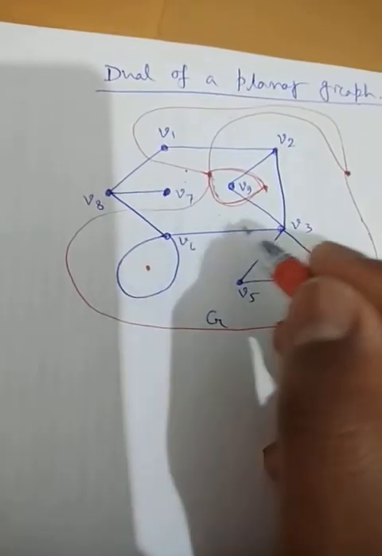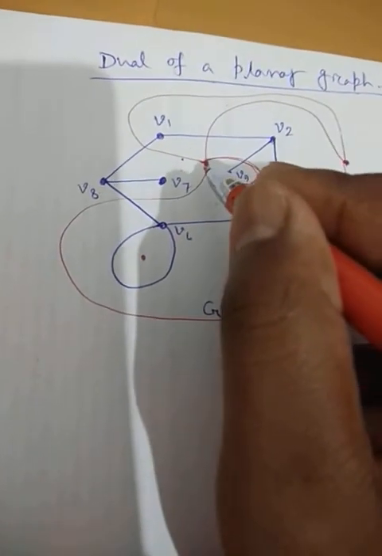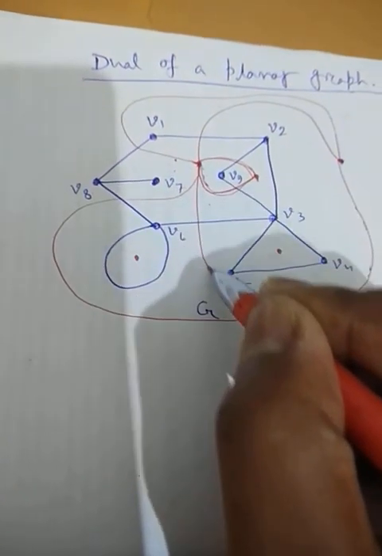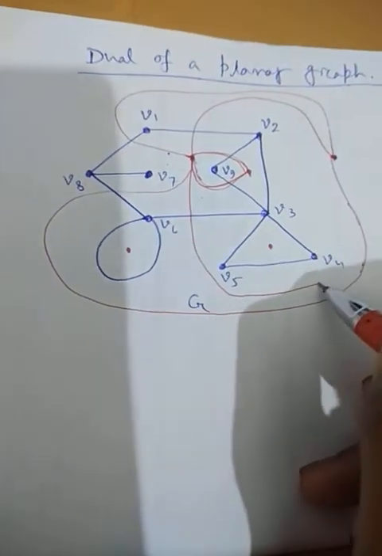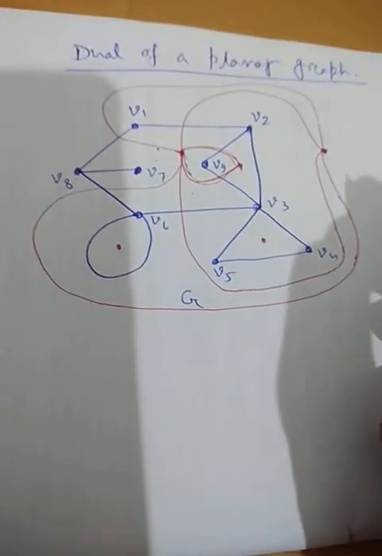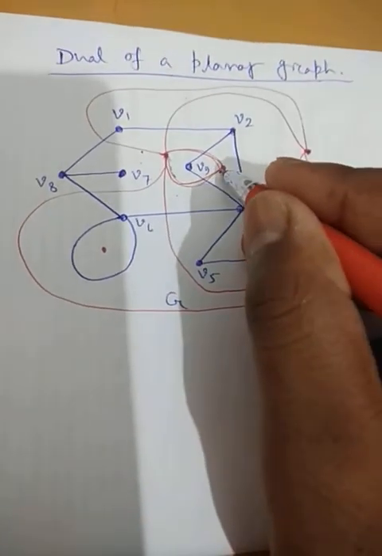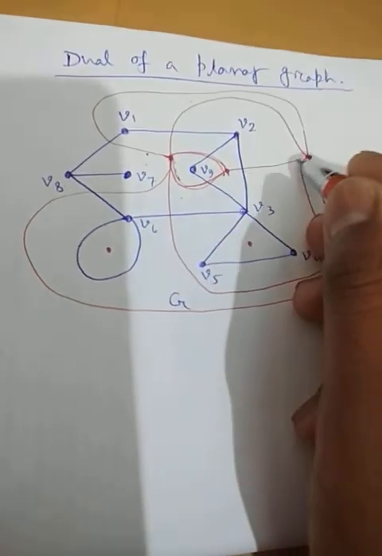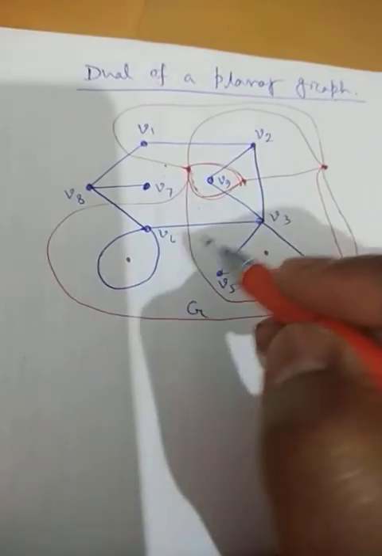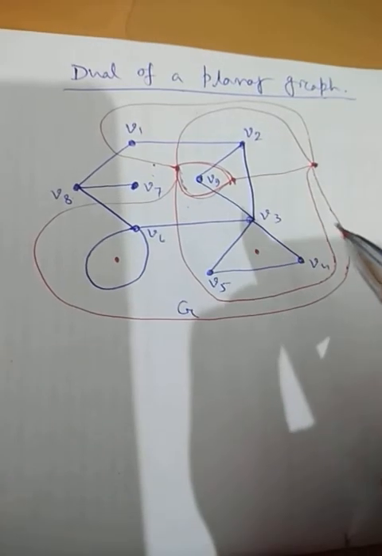Now we are taking this edge, which is common in this face and this face. Now we are taking this edge. Here we are joining these two vertices. Since there are 12 edges in the original graph, in the dual graph there will also be 12 edges.